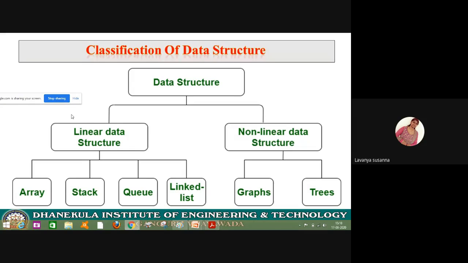Once again, see the examples. Examples of linear data structure are array, stack, queue, and linked list. Examples of non-linear data structure are graphs and trees. Now let us see diagrammatic representation of these data structures.